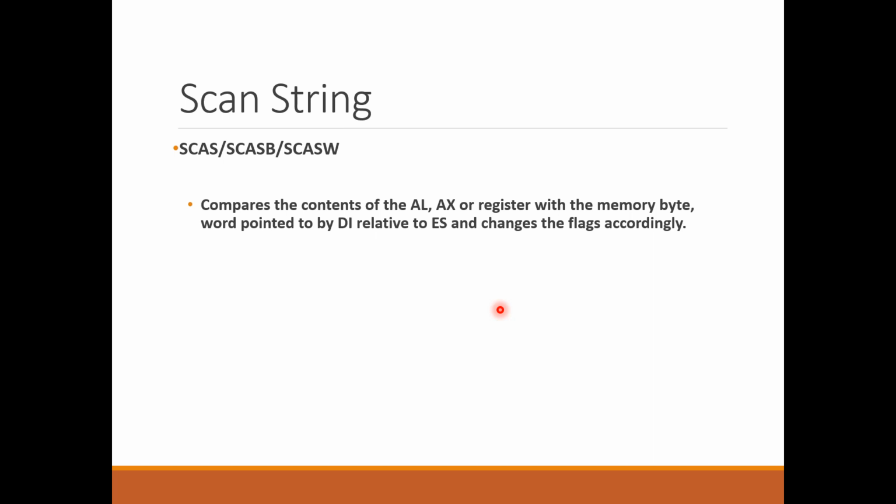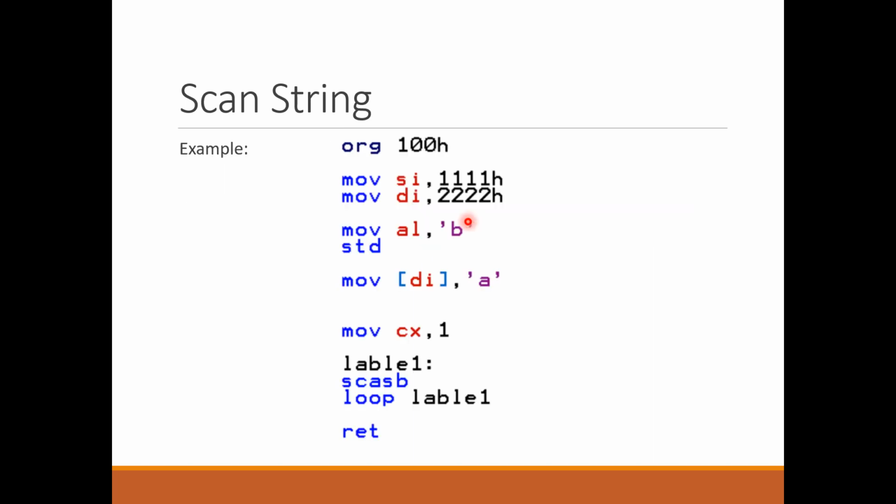But in the scan instruction, we are comparing that memory location whose offset is specified by the destination index with the AX register. So if you are comparing bytes, we are going to use AL. If we are comparing words, we are using AX. Let's say this example.